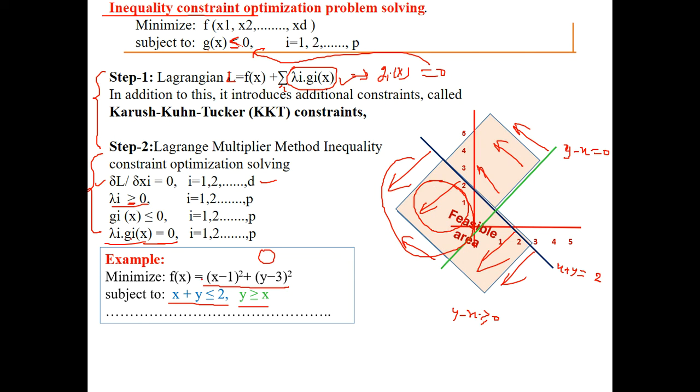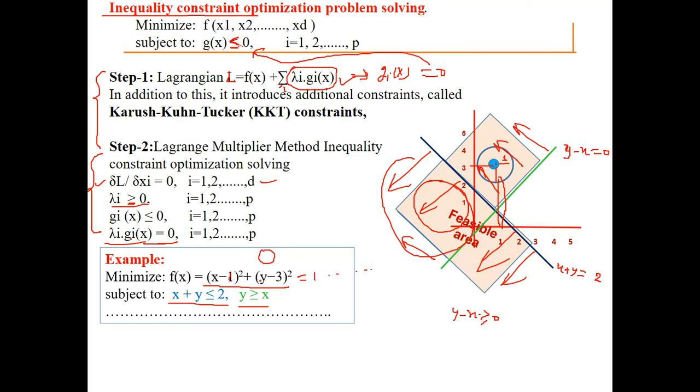Now you plot this objective function, that is the equation of a circle. The center of the circle is 1, 3. And the radius, let us say it is 1. So the radius may be 1, 2, 3, 4.